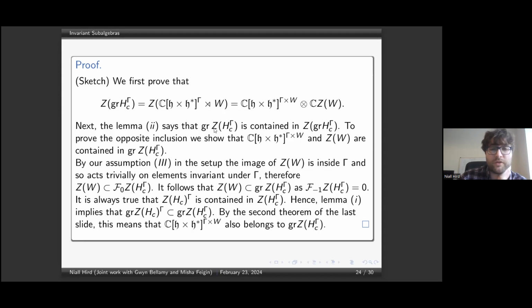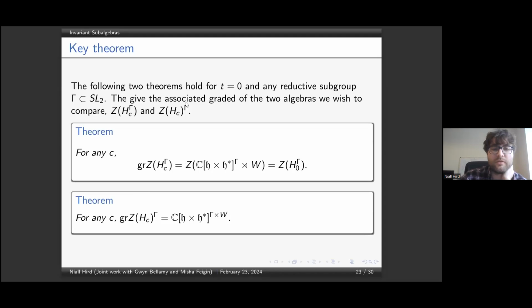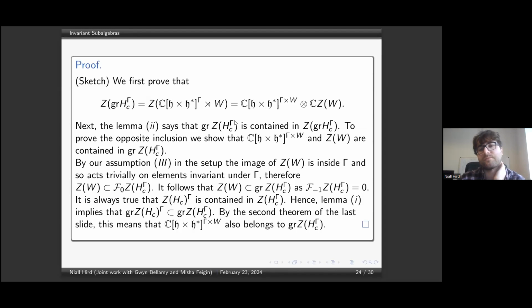So we now know that this one here is inside each one of these algebras above in the equality. So we want to prove the reverse inclusion, right? And then that will give us equality with this second part here, which is the theorem. So we pick this one on the right-hand side here and show that the reverse inclusion holds.